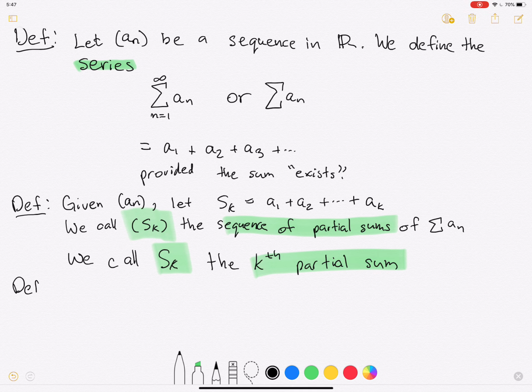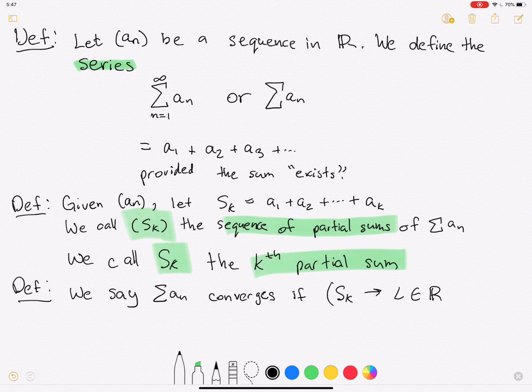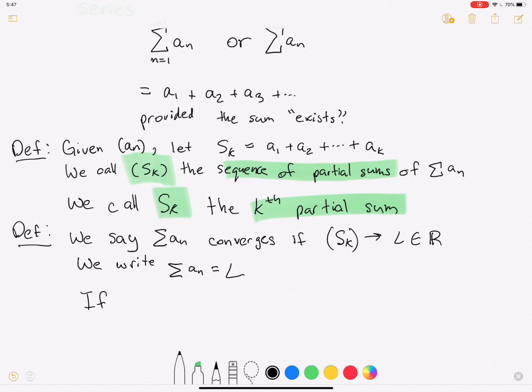And I'm gonna hit you with another definition. We say the series a_n converges if s_k, the sequence of partial sums, goes to L. We write sigma a_n is equal to L. If s_k diverges, we say the sums diverge as well.